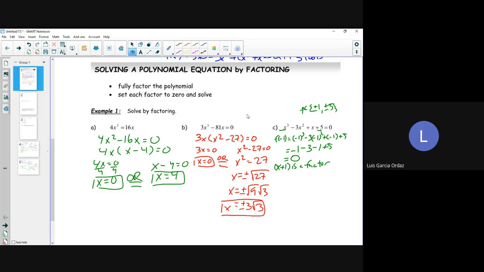So now that we know x plus 1 is a factor, what are we going to use now so that we can factor the rest of this polynomial equation? We're going to use synthetic division. So we have our -1. Let's use the blue color.